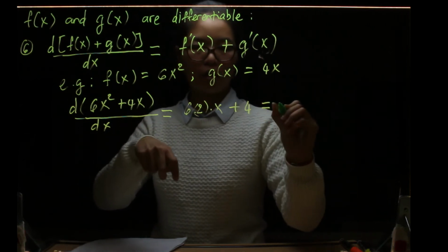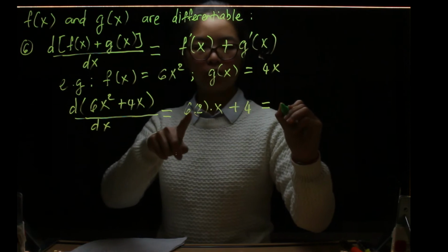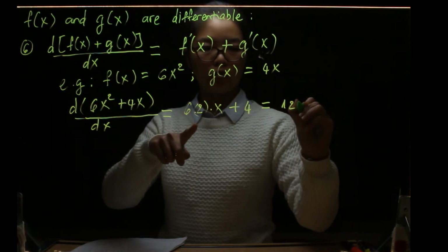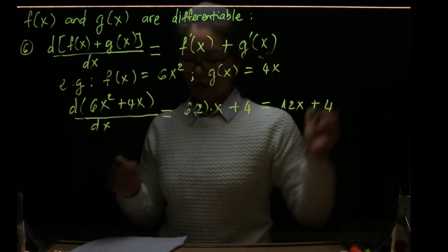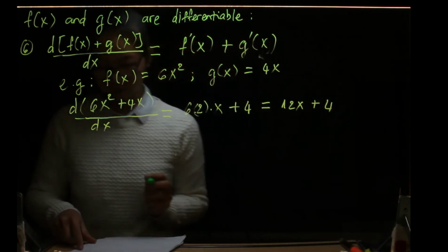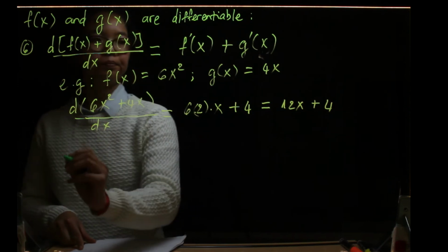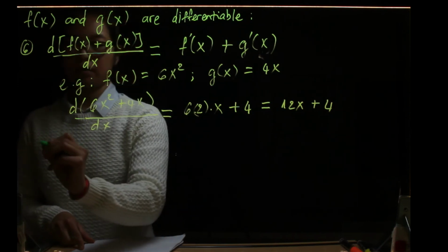So at the end that equals 12x plus 4. All right. The seventh rule.